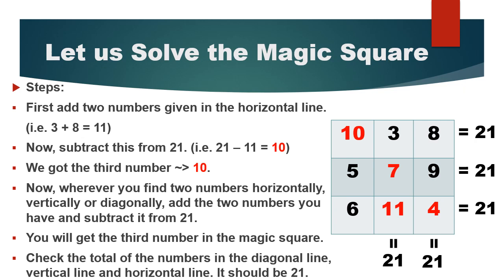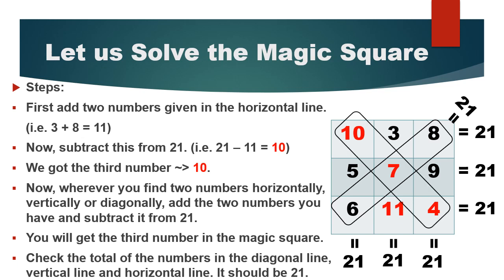Now it is the turn of the diagonal lines. See, 8 plus 7 plus 6 will give you 21. Same way, another diagonal line, that is 4 plus 7 plus 10 will give you 21. This is how we solve the magic square. It's so easy, isn't it? Yes.